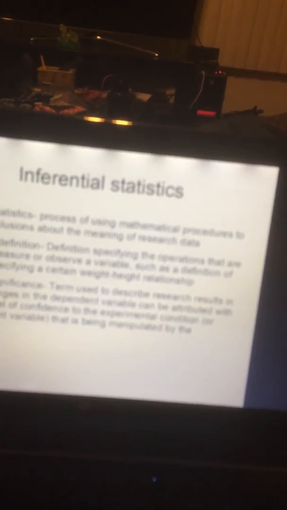I can infer with 99% probability, 99% confidence, that the effects of drug X on depression are due to the drug itself.